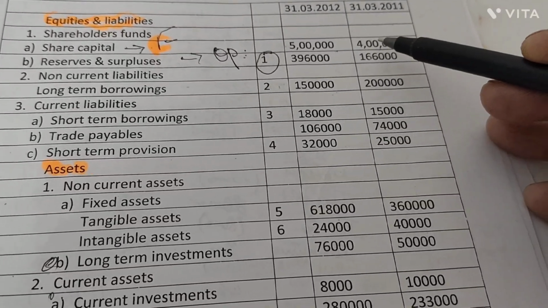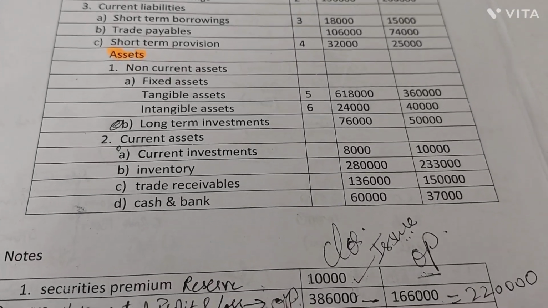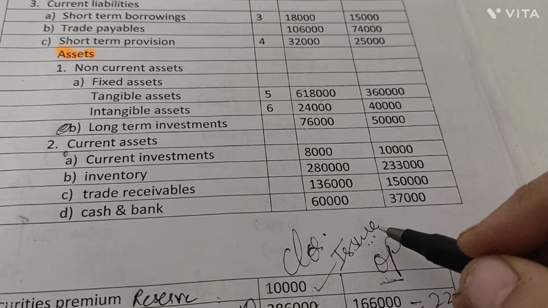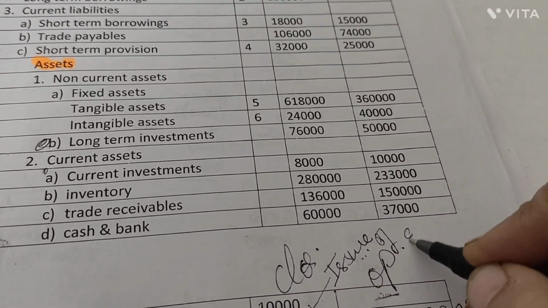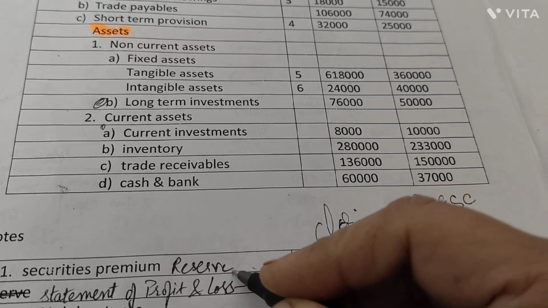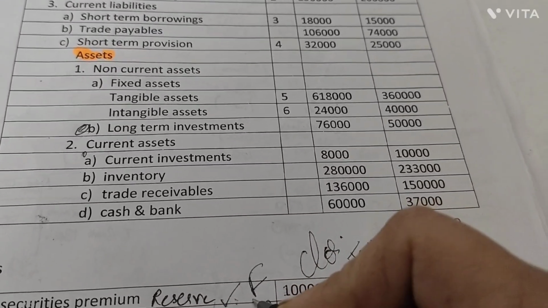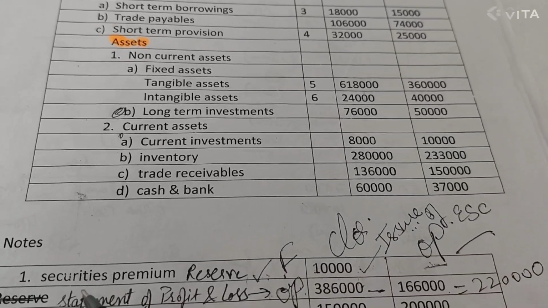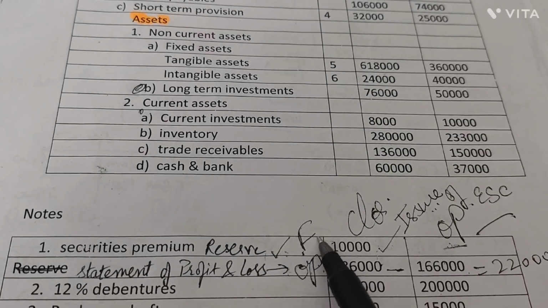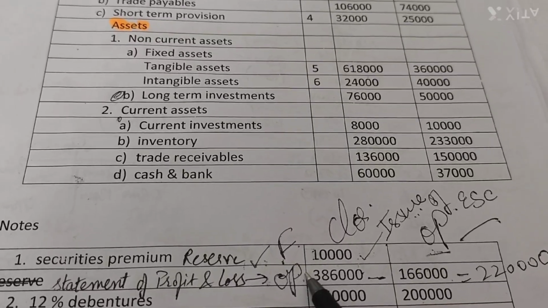It means that the security premium was on the issue of your equity share capital. So the reserves balance would be used in which activities? Financing activities. Security premium would be used under the head financing. The statement of P&L difference would be taken for the operating activities.